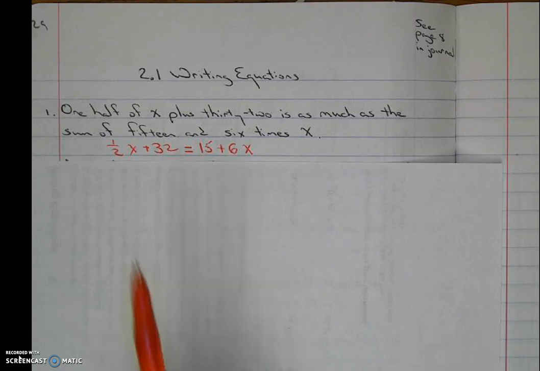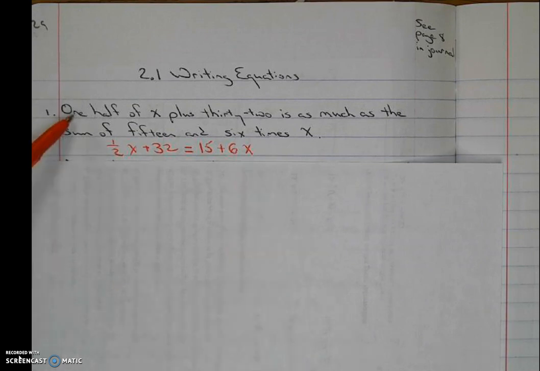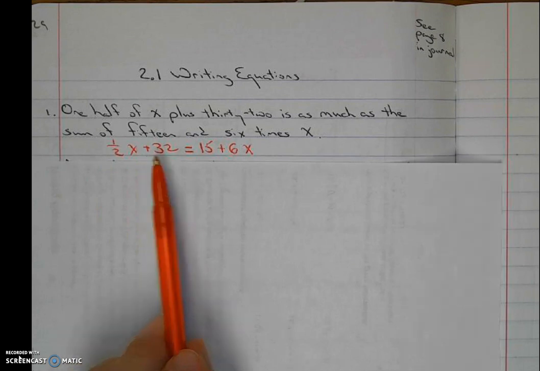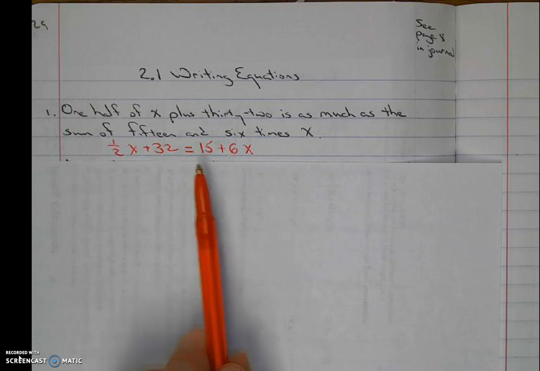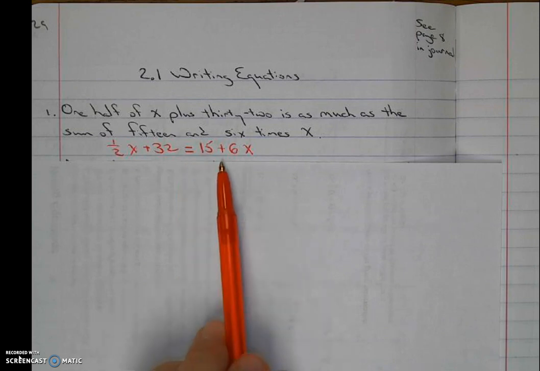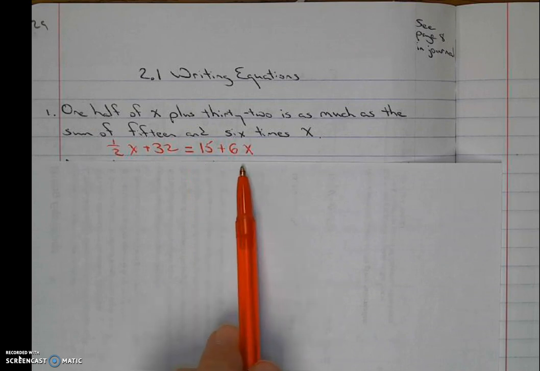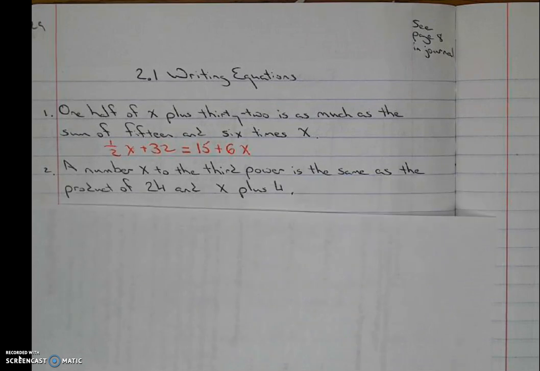But as we read this, it would be a matter of changing this back into the words. 1/2 of x plus, here's my 32, is as much as, or equals, whatever you want of that nature. The sum of, because we know we're adding, here's my 15, and then here's my 6 times x. If you were coming up with your own, maybe you mentioned the product of 6 and x. Your choice there.